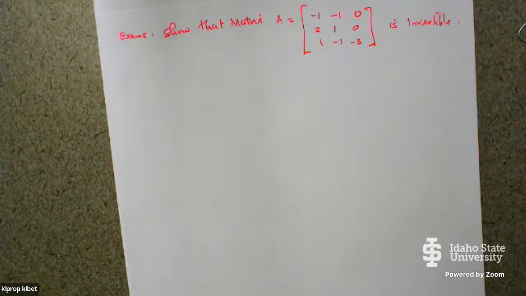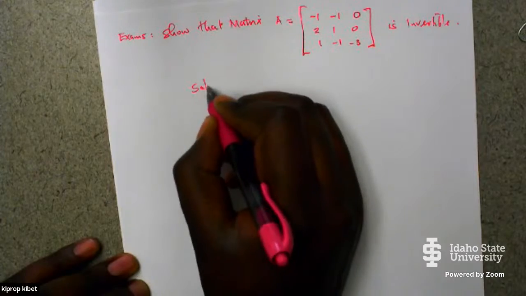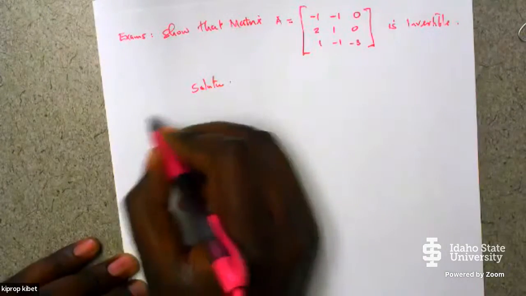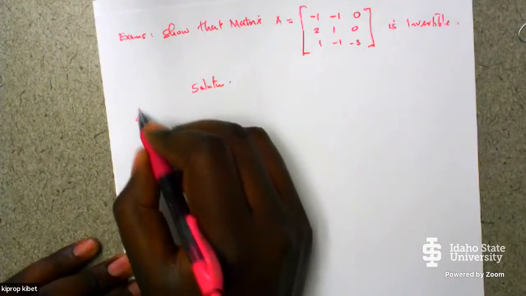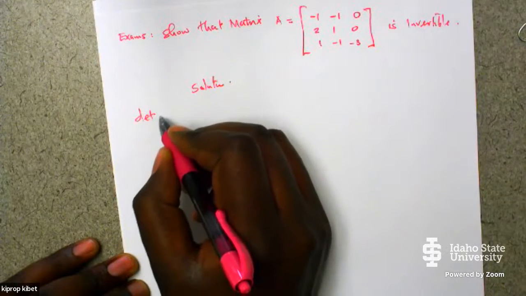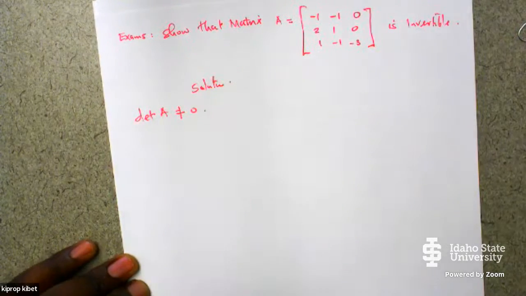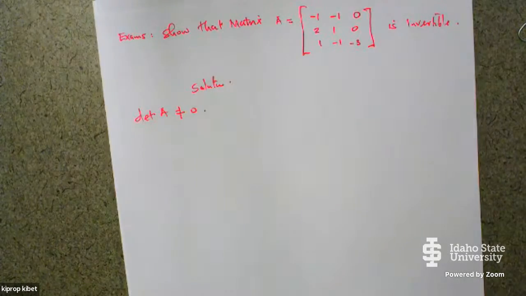So here, what we need to do is check whether the determinant of A is not equal to 0.